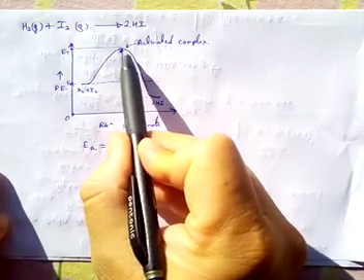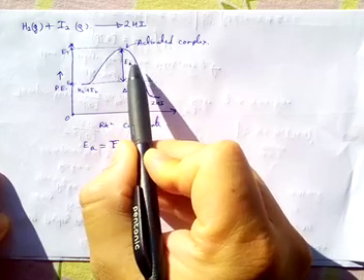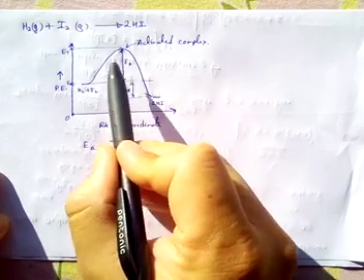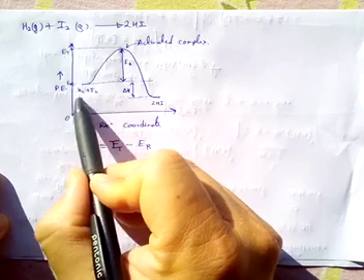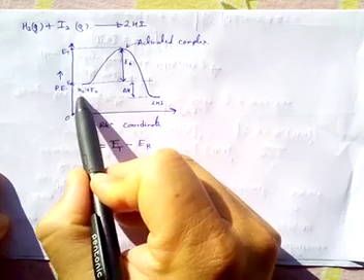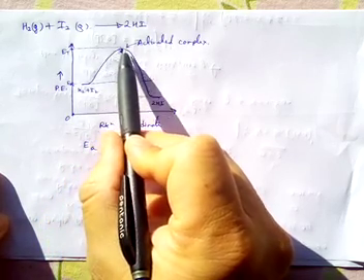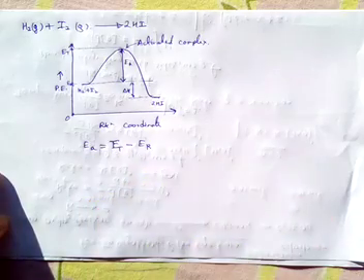This is the energy barrier, the potential barrier, and this is the activated complex. First the reactants A plus B or H2 plus I2 form the activated complex, then it forms the product.